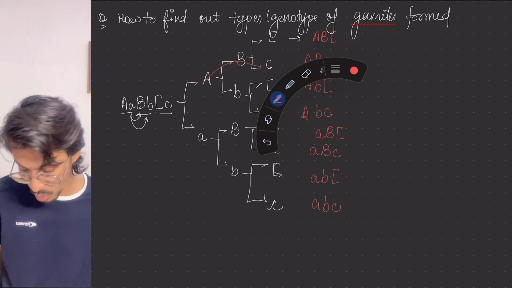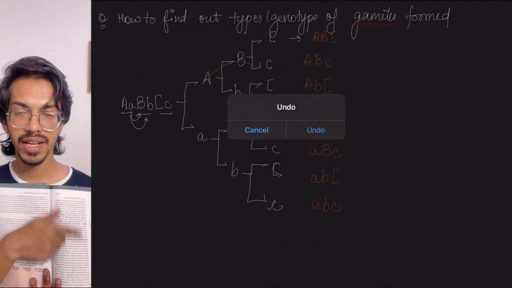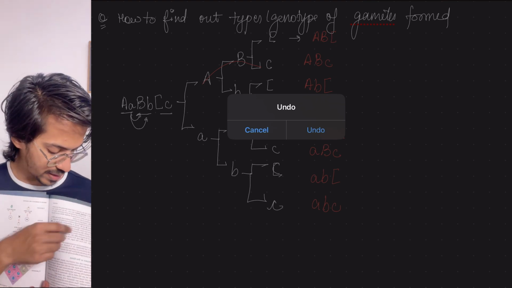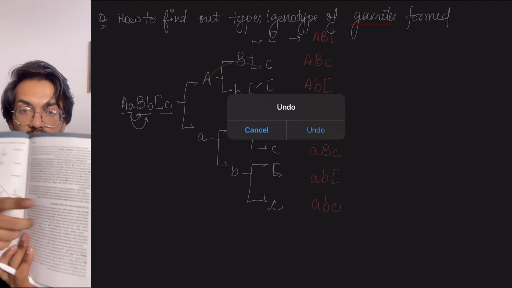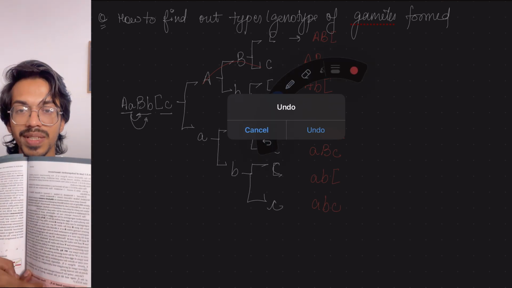Moving on, till now what we have covered: incomplete dominance, codominance, multiple allelism. We have studied the inheritance of 2 genes, and independent assortment has been done.